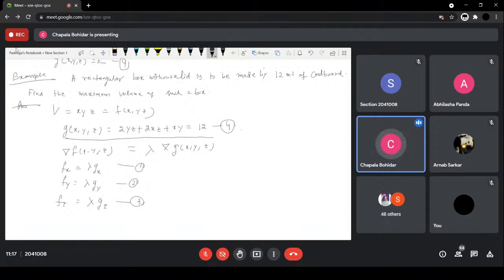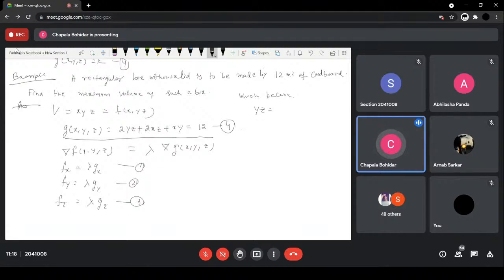We get del f by del x is equal to yz, and this equals lambda into del g by del x.